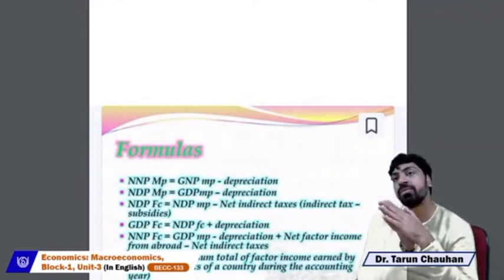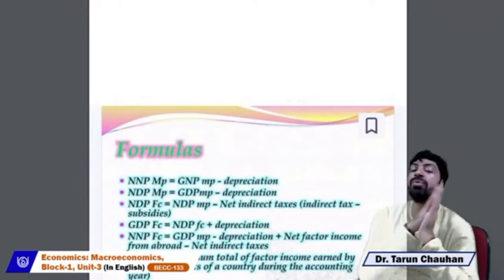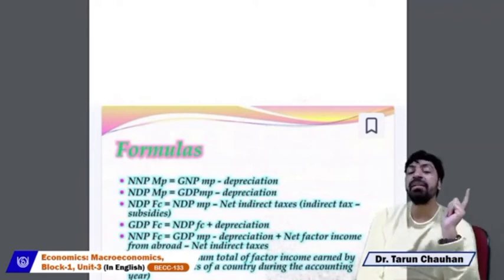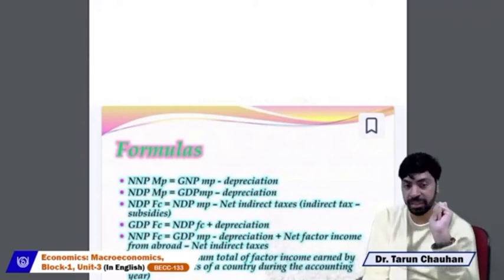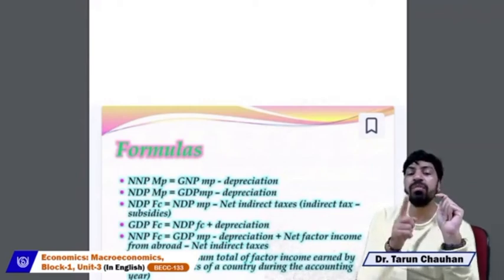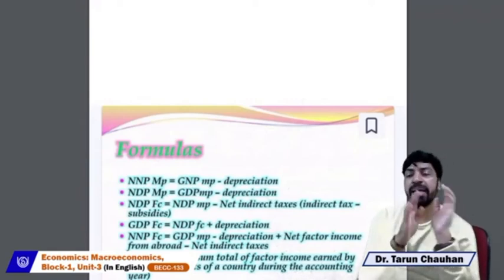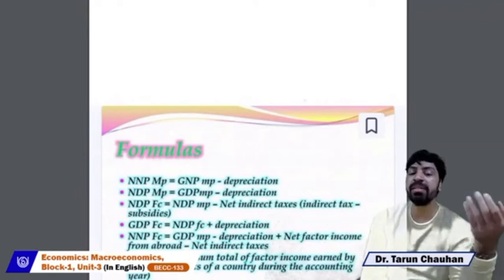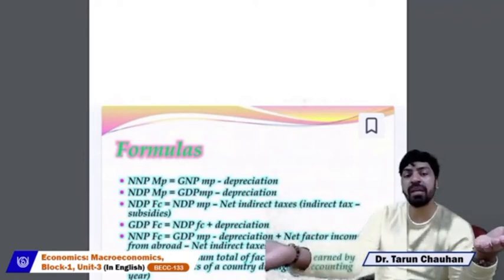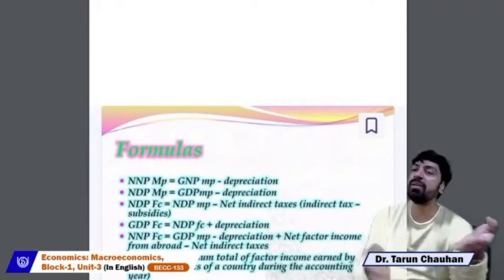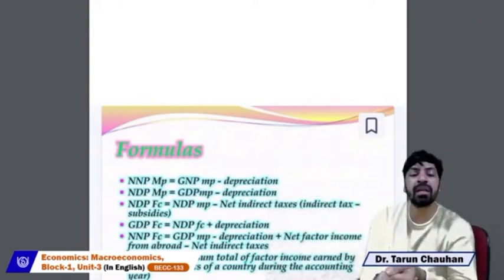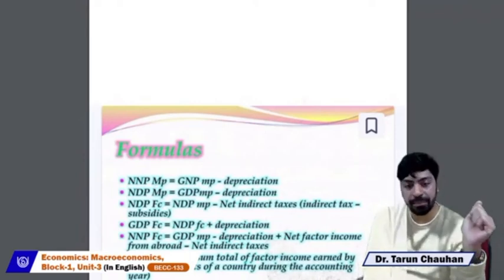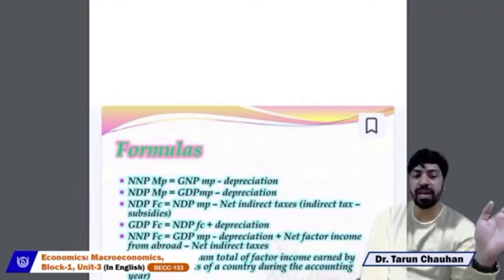But when you go from net to gross, you have to add the same amount of depreciation. Net includes factor incomes from abroad, but gross is always within the domestic territory of the country. So if you go from net to gross, it will be plus depreciation. It's very simple to understand.